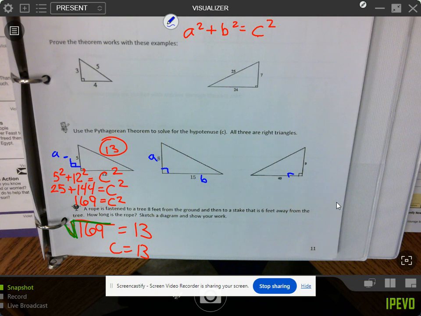So I know A squared plus B squared, so 8 squared plus B squared equals C squared, because my C is that hypotenuse. The hypotenuse is always across from the right angle. That's my unknown side. Melanie?